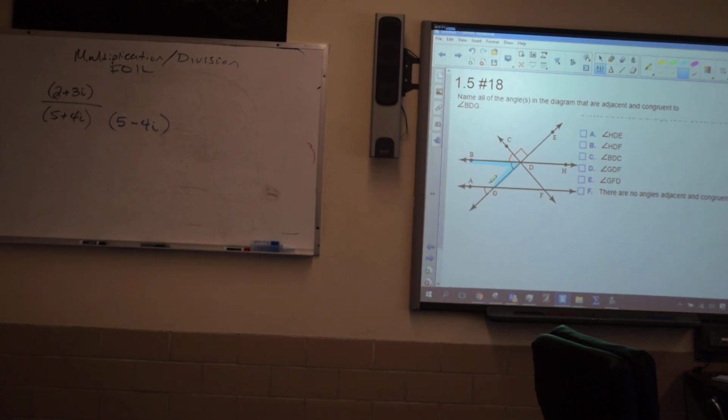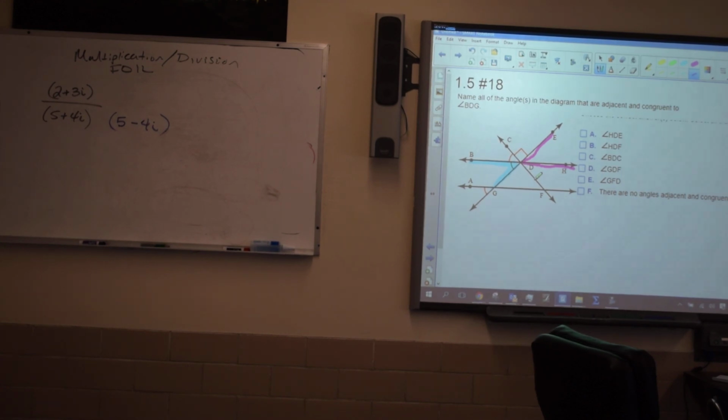Okay. Now, generally speaking, we want to go through and just start listing those things, but they kind of narrow the selection down for us over here on the right, correct? So I'm just going to go look and find HDE. Okay, HDE. Is that angle right there? Okay? Are they adjacent? No, they're not adjacent.